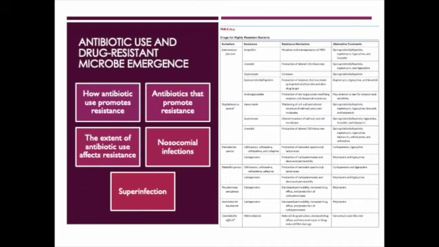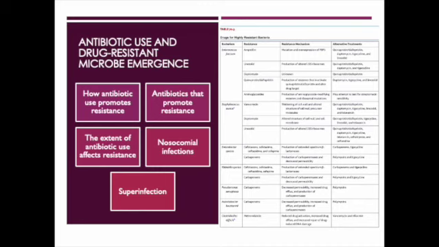So if we go back and answer the question, how do antibiotics promote resistance, which I do want you to be able to talk about, we have to think about two different aspects of the ecology of microbes. Microbes secrete compounds that are toxic to other microbes, and within a given ecologic location, like our large intestines, our urogenital tract, or our skin, they compete with each other for available nutrients.